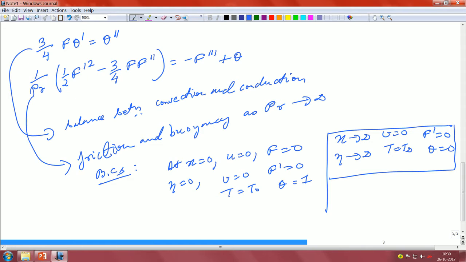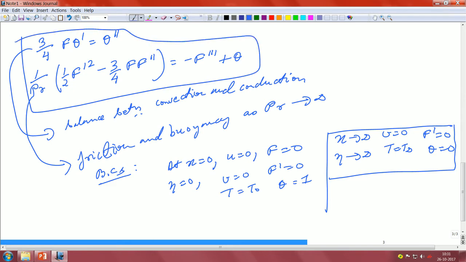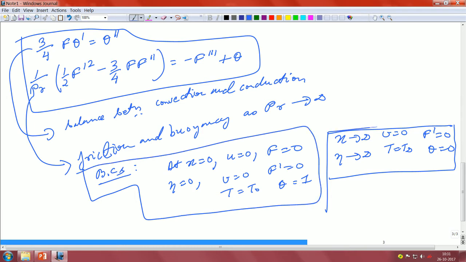Okay. So, this actually brings to the strategy, that means we have cast now the two general form of the equations, and we have also cast now the boundary conditions, these two sets of boundary conditions.